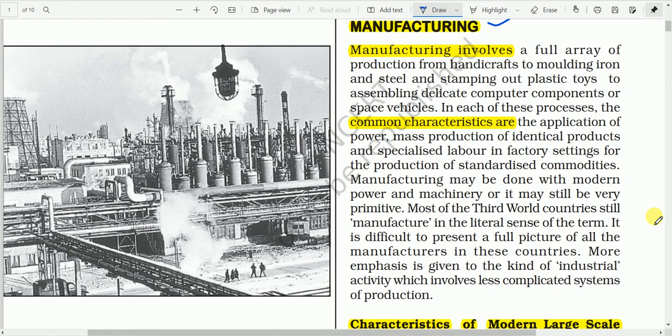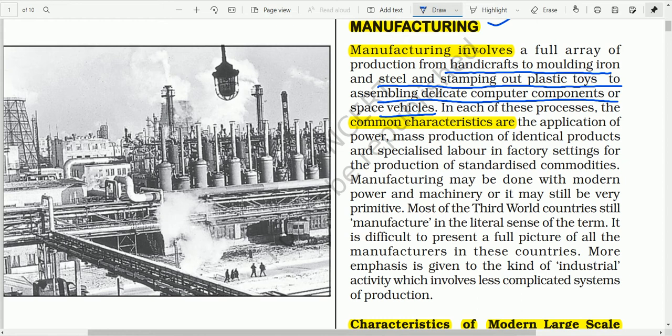Let us learn. Manufacturing involves a full array of production, from handicrafts to molding iron and steel, and stamping out plastic toys, to assembling delicate computer components or space vehicles.